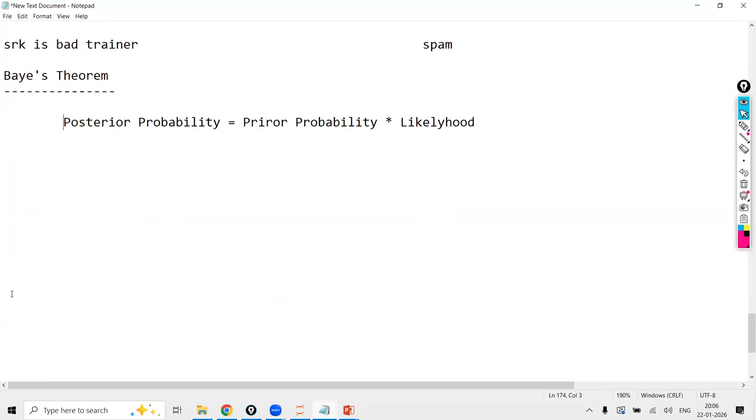So what is prior probability? What is likelihood? Let us understand each and everything.